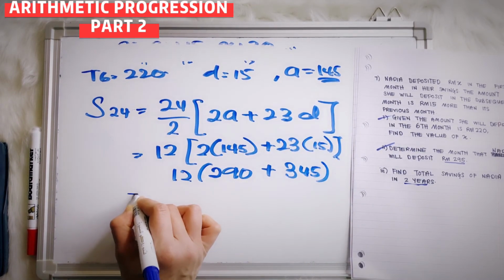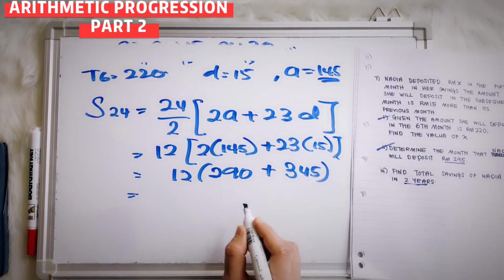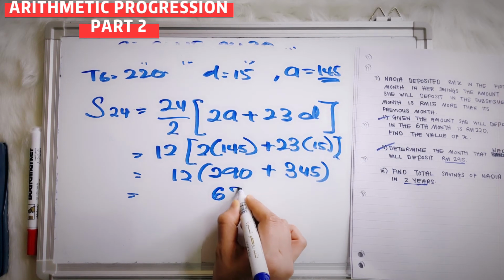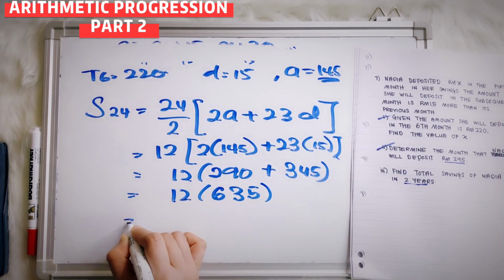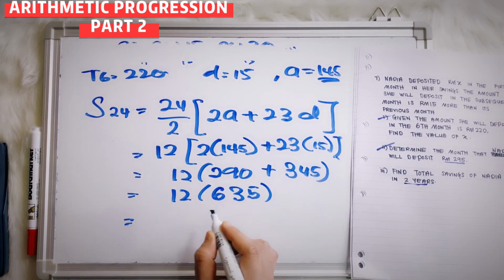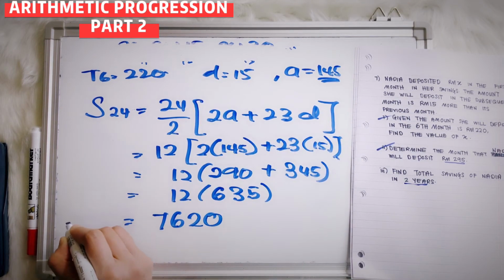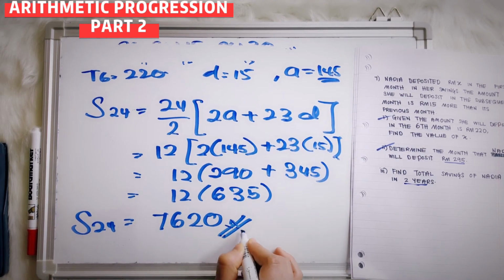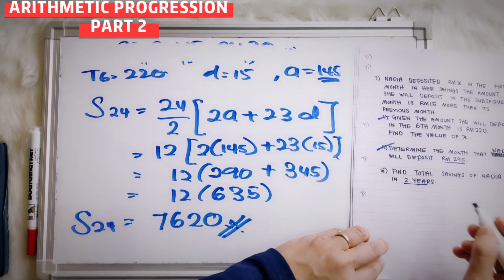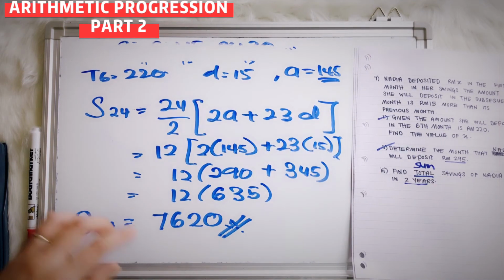So 345 plus 290 equals 635, multiplied with 12. So we have here 7,620 for 24 months. So remember, for the total you have to use the sum formula, this formula.